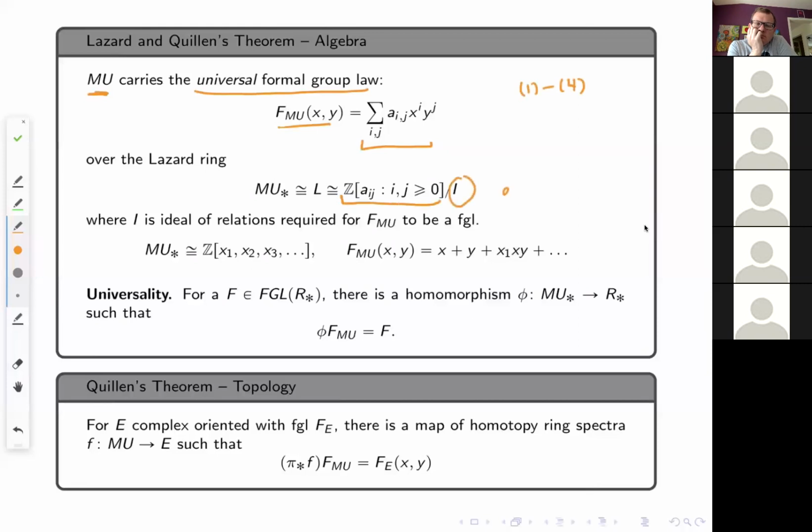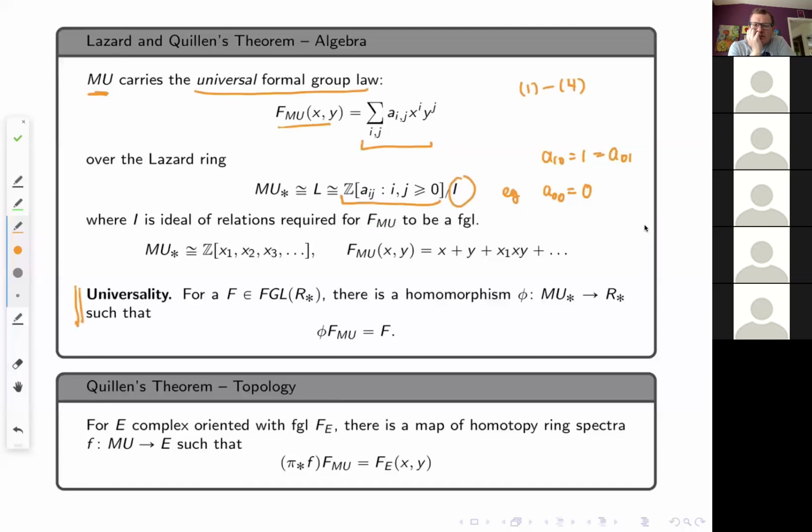So for example, a00 has to be 0, and a10 has to be 1, and that has to be equal to a01. There's a ton of relations on this thing. But whatever they are, this thing is the universal formal group law. It's the thing that's going to have the property that I'm going to talk about here.